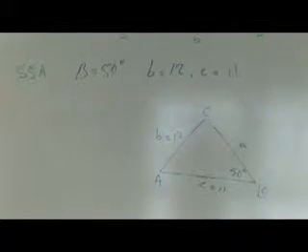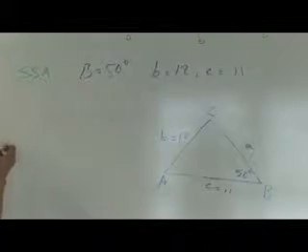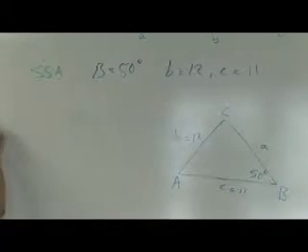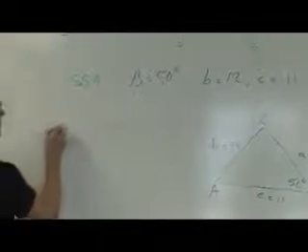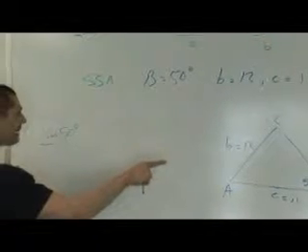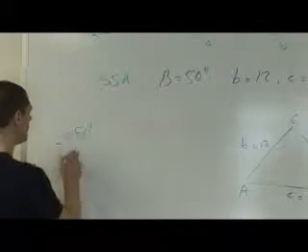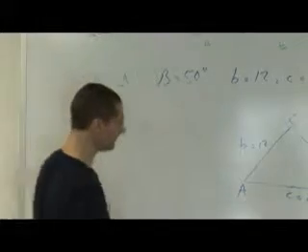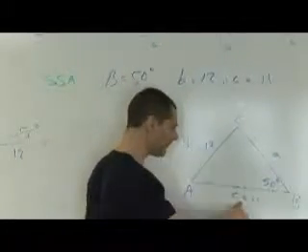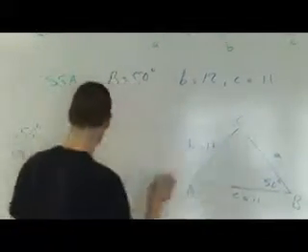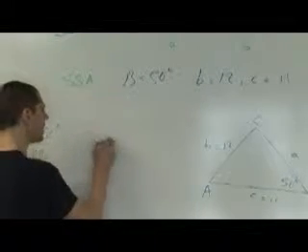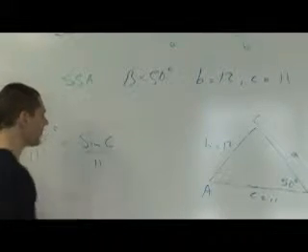Well, we know by the law of sines that the sine of B, which is 50 degrees, divided by 12 must equal, what should I do? I'll use this angle C: the sine of angle C divided by 11.